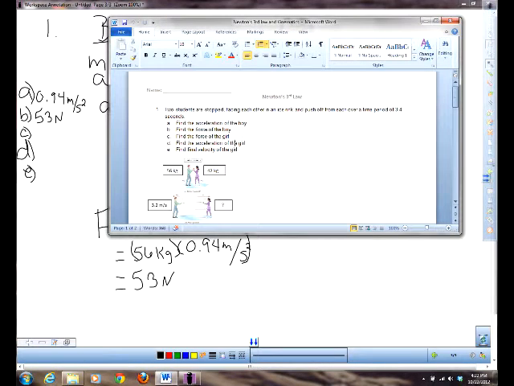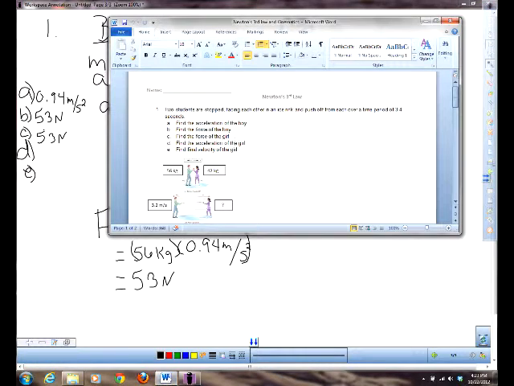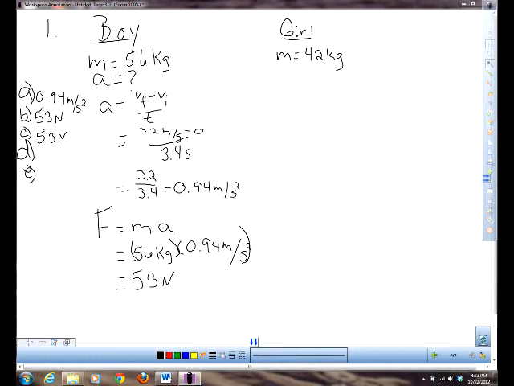C says what is the force of the girl? Well, because the force of the boy is equal to whatever the force of the girl is, so over here 53 newtons. Okay. Now D says find the acceleration of the girl. So for acceleration, we can use the force divided by her mass, because we have those calculations.